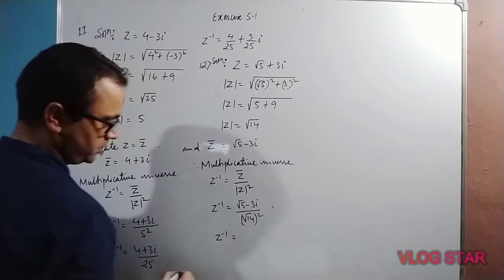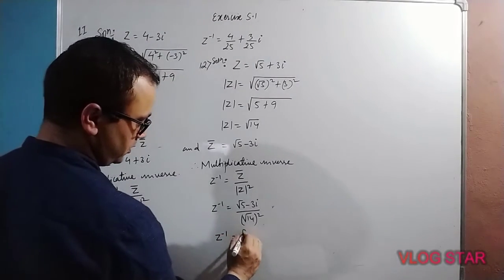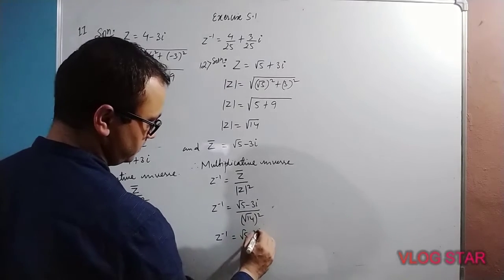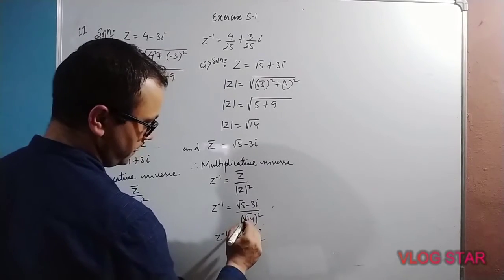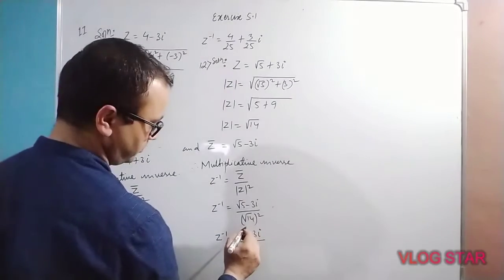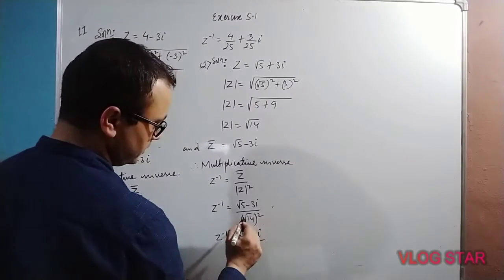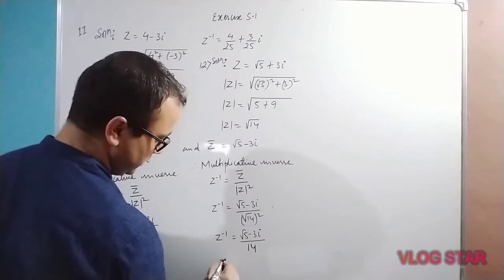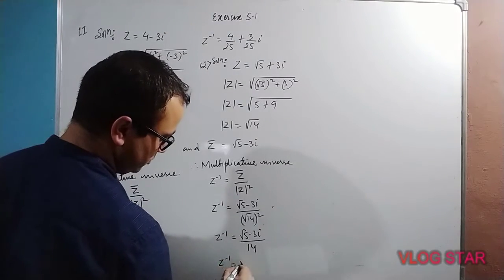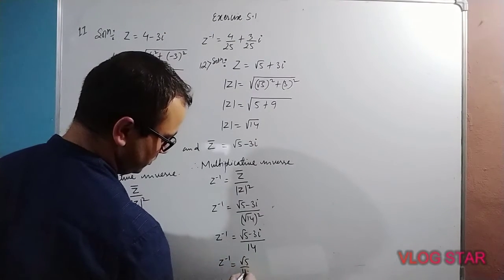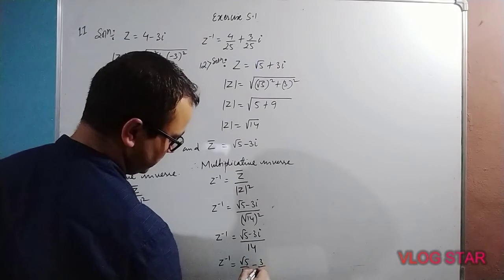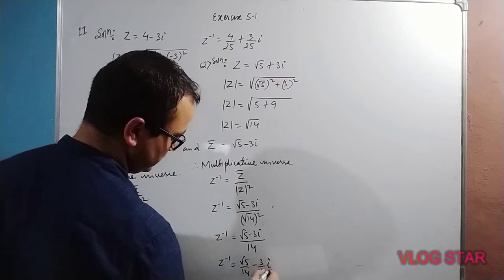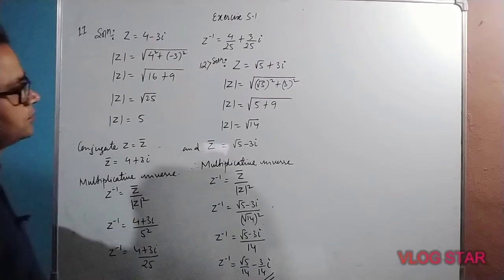This is 14 only, so we can separate it. z inverse equals root 5 by 14 minus 3 by 14 i. Now this is question number 12.